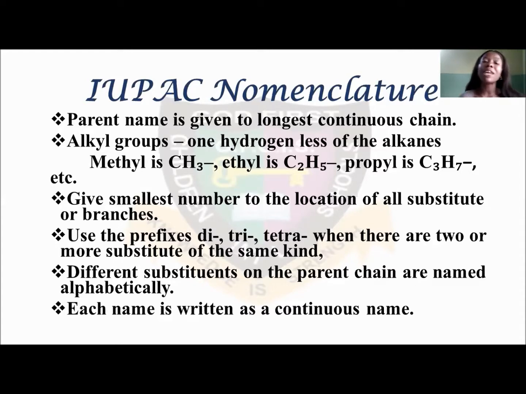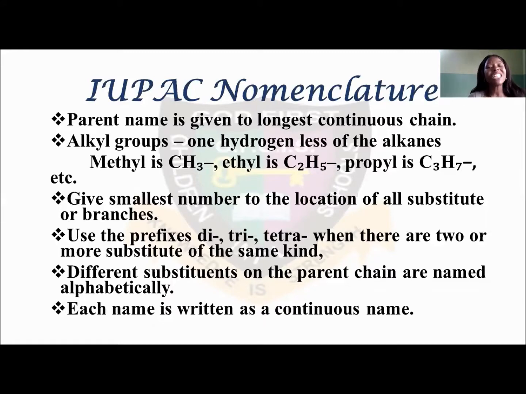Number one is that the parent name is given to the longest continuous chain. Then a group with one hydrogen less than the alkane is referred to as an alkyl group. So for example, methyl is CH3. Remember, methane is CH4.